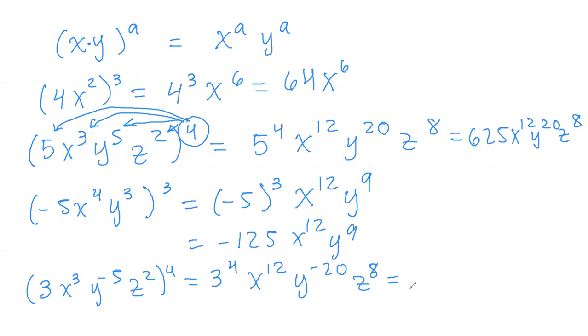Okay, so 3 to the fourth will simplify to 81 x to the 12th and then z to the 8th. Now notice I didn't put the y there, and that's because my y to the negative 20 I can write in the denominator as just y to the 20 at the bottom.